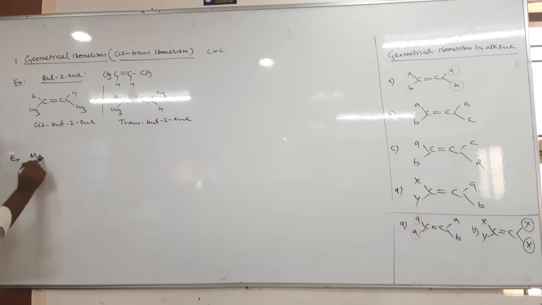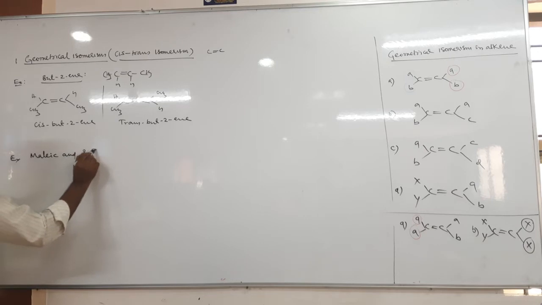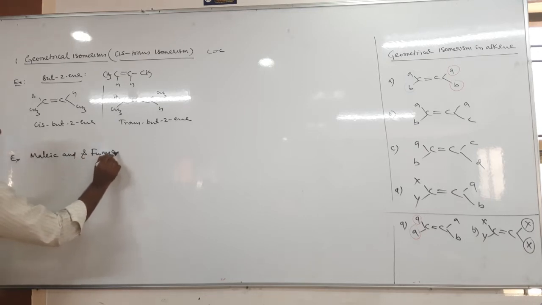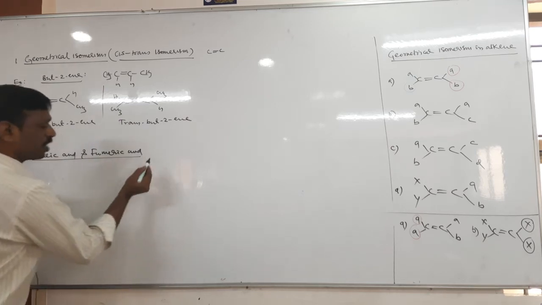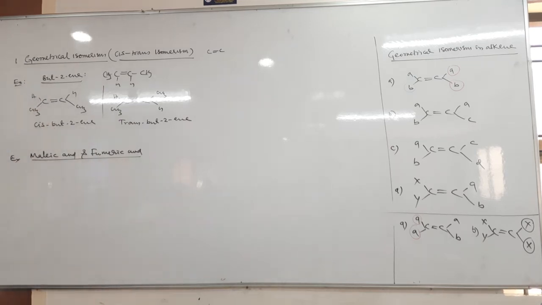One more example. Maleic acid, fumaric acid. So maleic acid and fumaric acid are also examples of cis-trans isomers. Tell me, in maleic acid there is a carbon-carbon double bond, and two carboxyl groups are on the same side, which is called maleic acid.